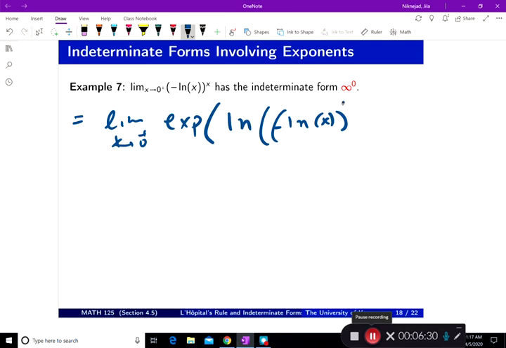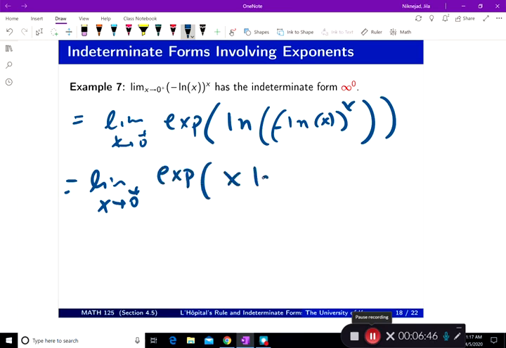By doing that, the exponent will come down, and so the limit as x approaches 0 from the positive side is the exponential, x comes down, natural log of negative natural log of x.